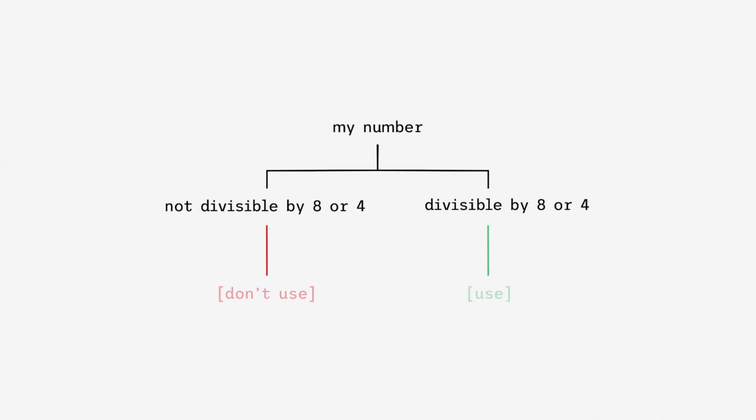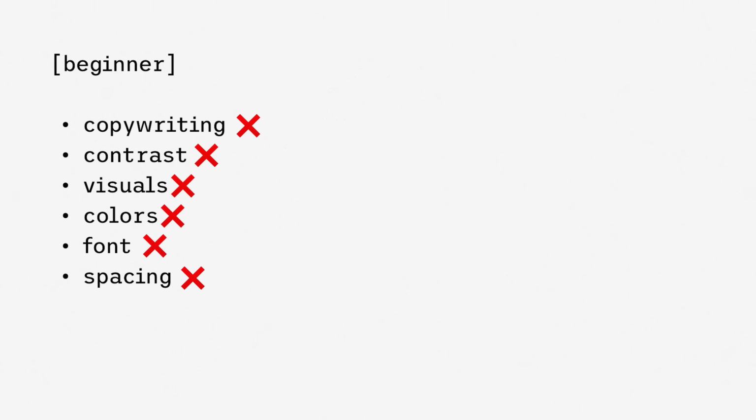The main idea is that anytime you use a number in your design, make it divisible by 8 or 4. Instead of 25 pixels, use 24. Instead of 11, use 12. I actually have a full video on this that you can check out after this one, linked down in the description below. Anyways, unfortunately, we fail here as well. That's 6 out of 6 fails, a pretty rough start.